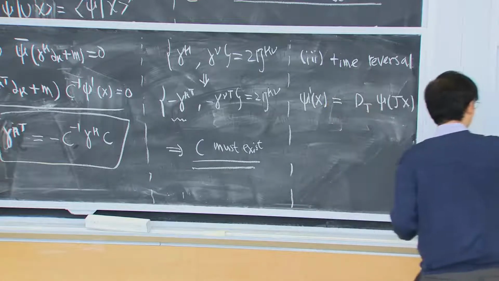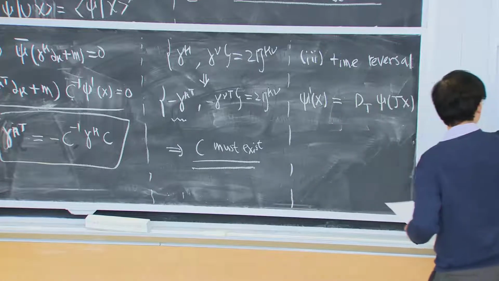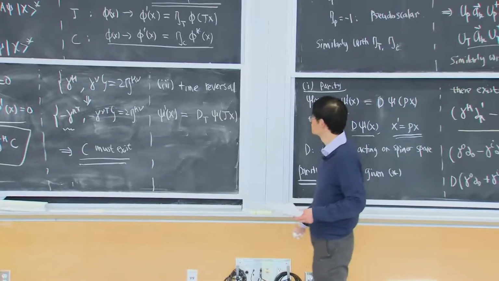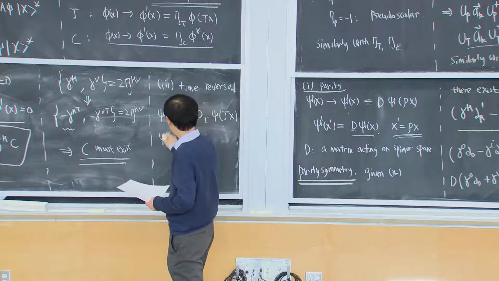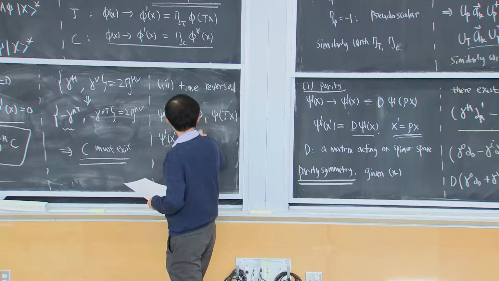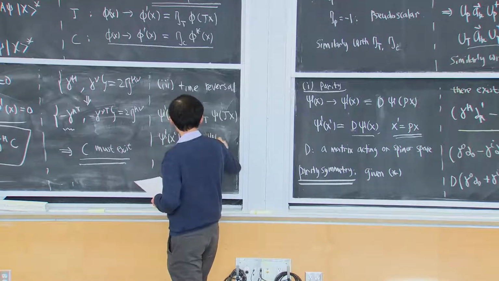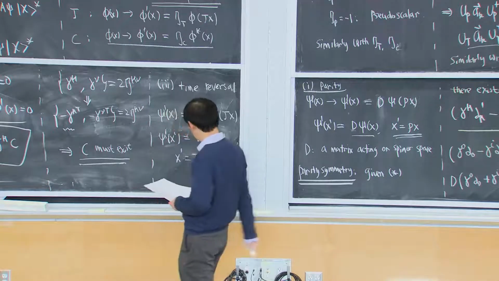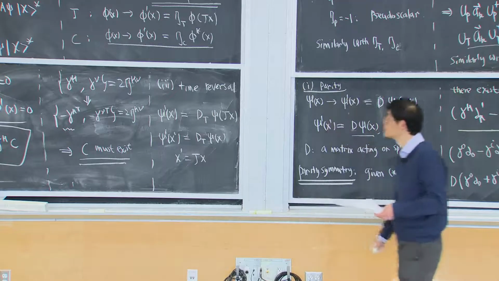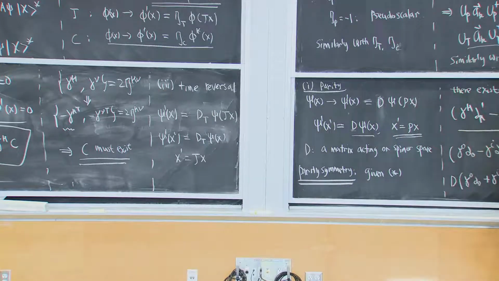This is the direct analog of the transformation psi prime x prime equal to D psi x, and now x prime equals T acting on x. You just flip the time direction.